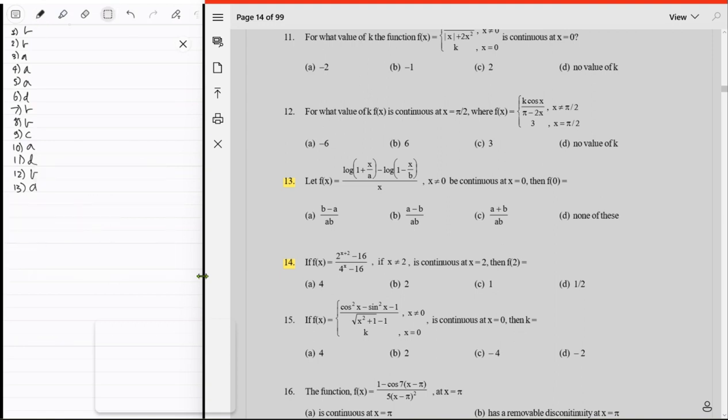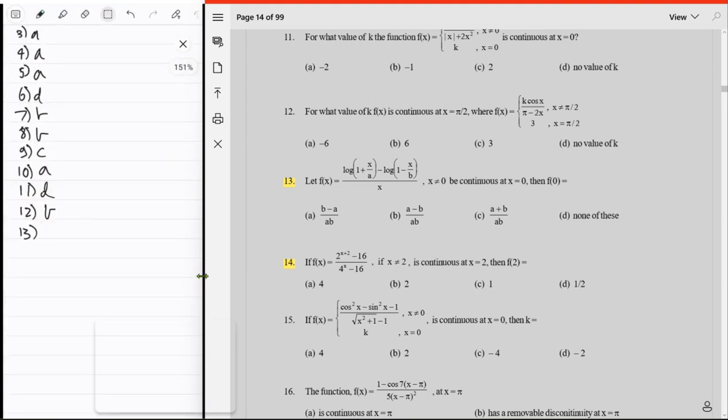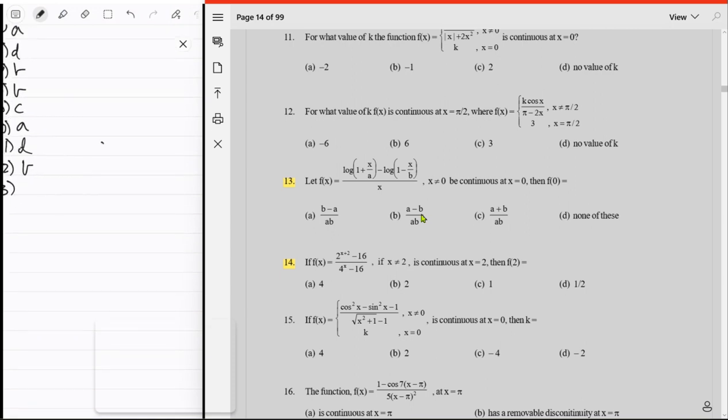But I'll do it again using the approximation, not the derivative definition. So it's x upon a, minus minus is plus, plus x upon b, upon x. That makes sense?